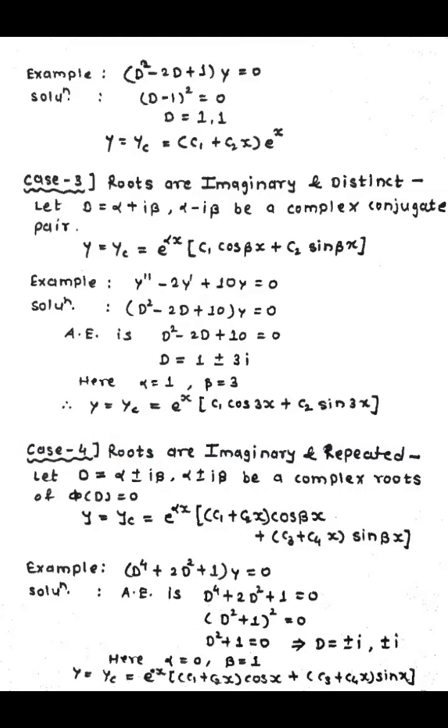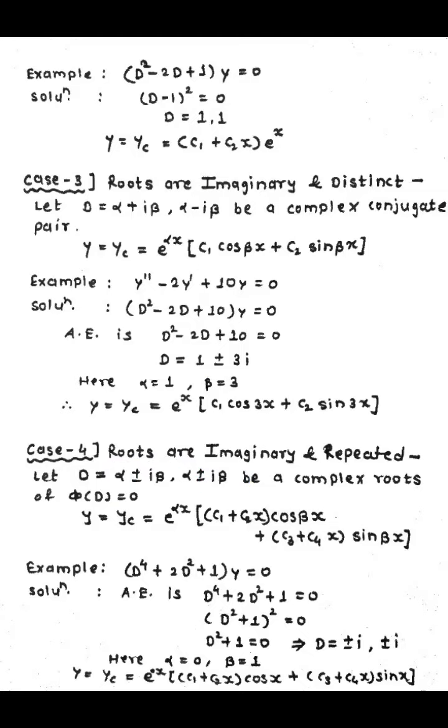So that time, how to write the complementary function? Look at the formula here: it is e raised to alpha x. Only the first time you have to write the function e raised to alpha x. Alpha is common in both the roots, and beta is always with a positive sign, and beta is common in both roots.